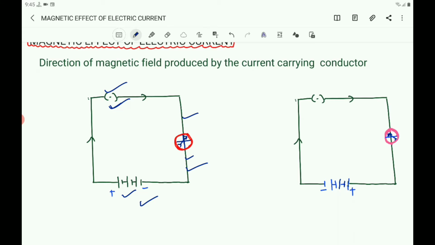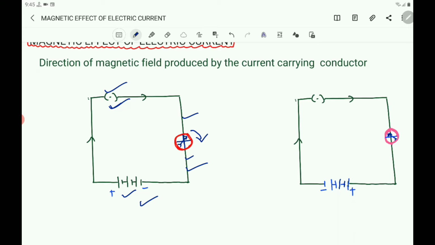If the current flows from north to south direction, the north pole of the compass needle would move towards the east. The magnetic needle deflects towards the east in this direction.